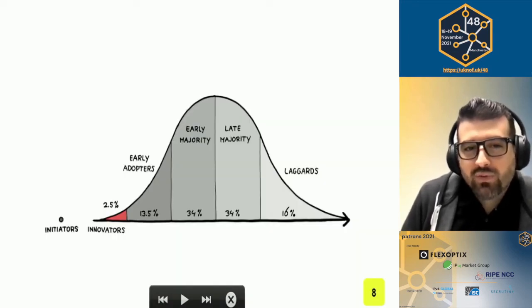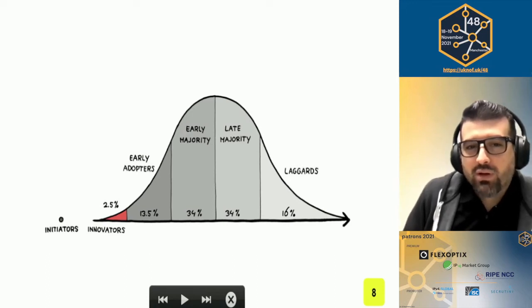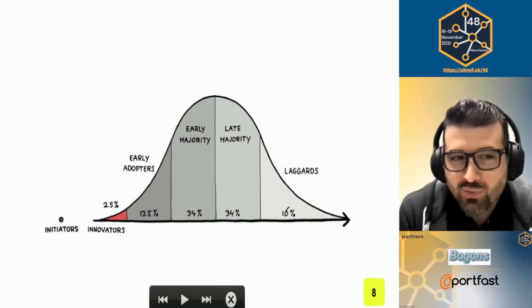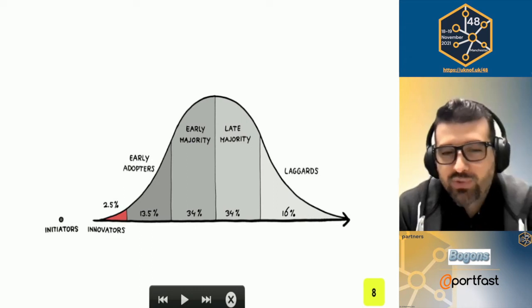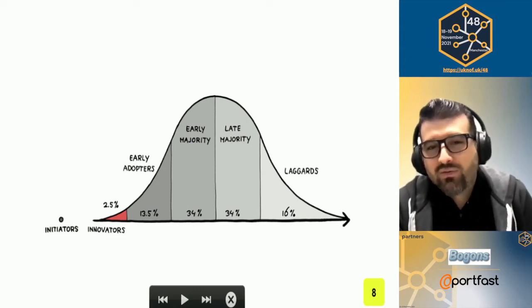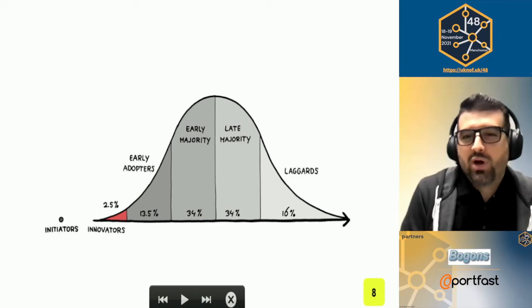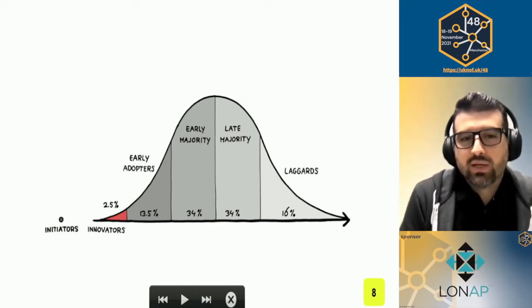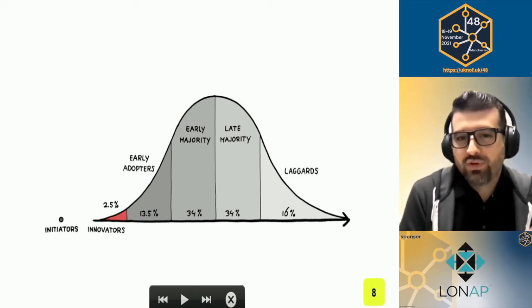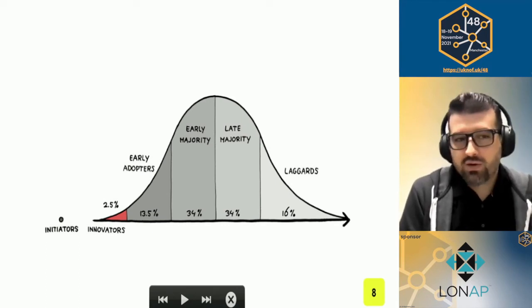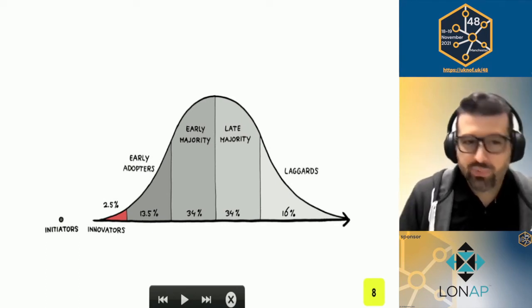So if we look at this graph, which comes from a book humbly called How to Change the World, this graph shows an adoption curve. If we look at it from left to right, most environments such as ours typically are doing projects in one of the first three sections, the initiators, innovators, or early adopters.